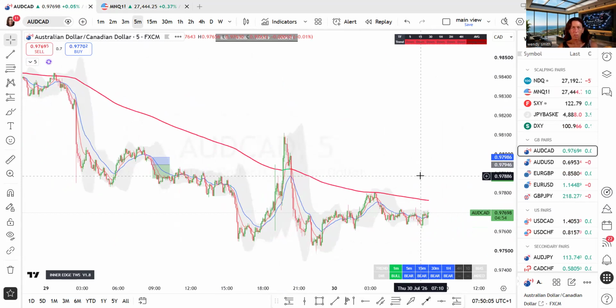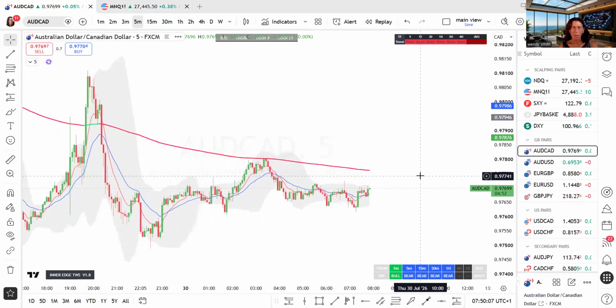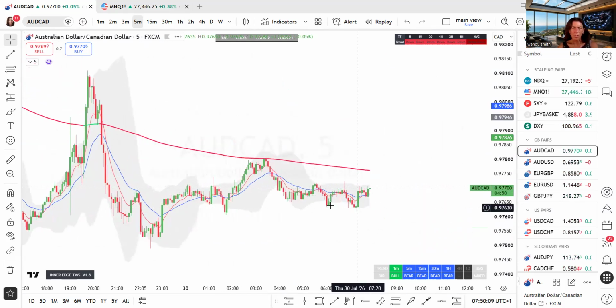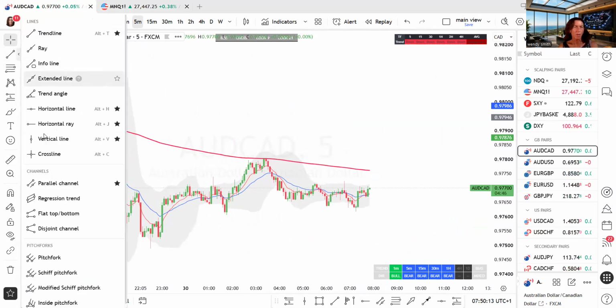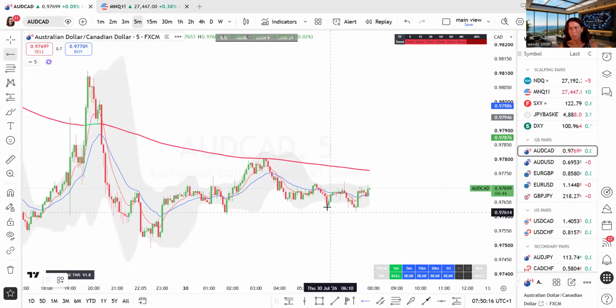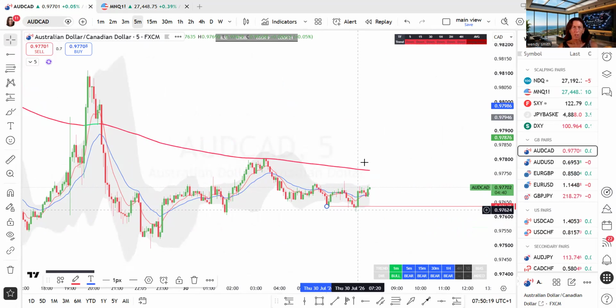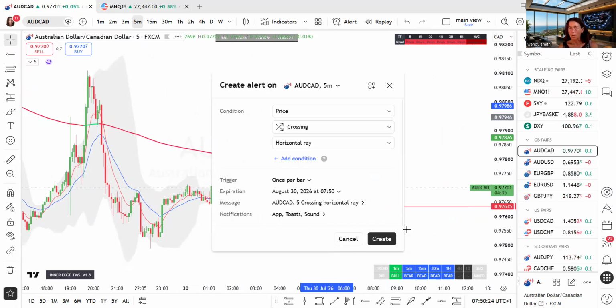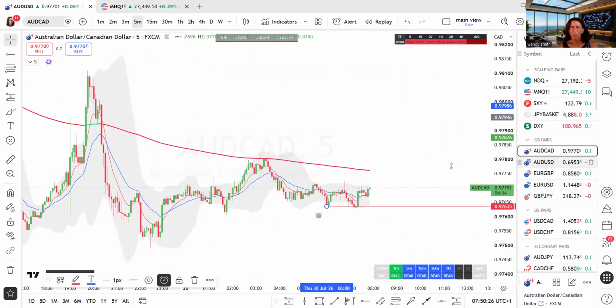So let's have a bigger view of this one. At the moment, I'm not interested in this until it breaks this anyway. So for me, my alert this morning is just going to be a horizontal ray, pretty much on the bottom of the close of those candles, and I shall set an alert on that. And I won't worry about that unless it goes through that.